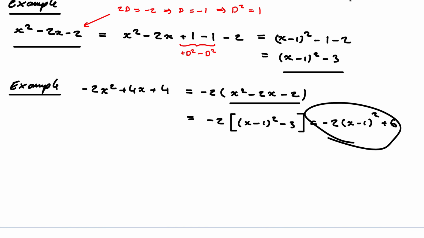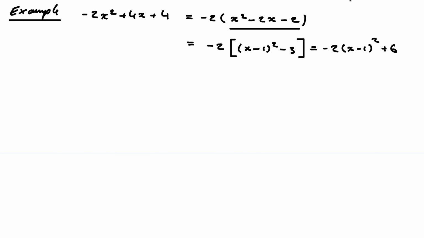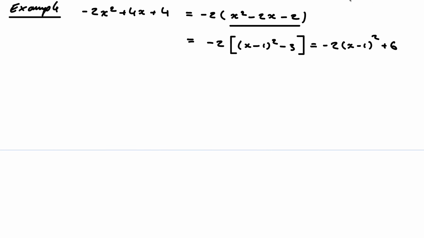All right, so why have I done this? Well, let me explain more formally than I did before. So we know the graph of y is equal to x squared, don't we? What we need to do is go from this to the graph y is equal to minus 2 of x minus 1 all squared plus 6 in this example.